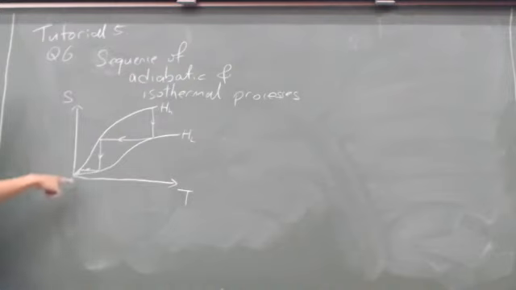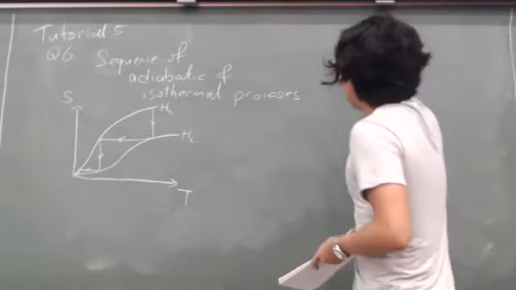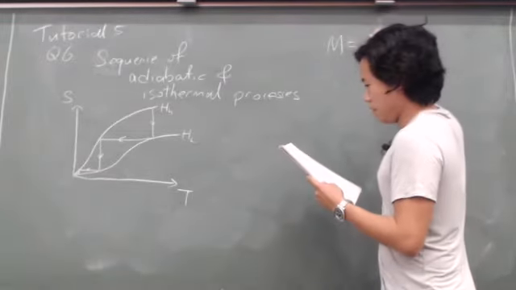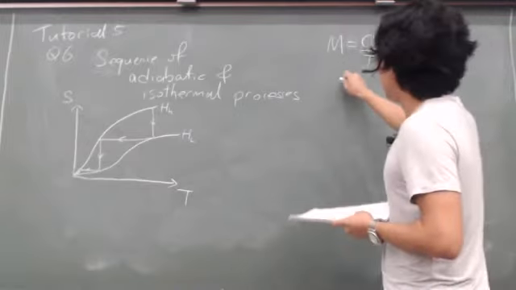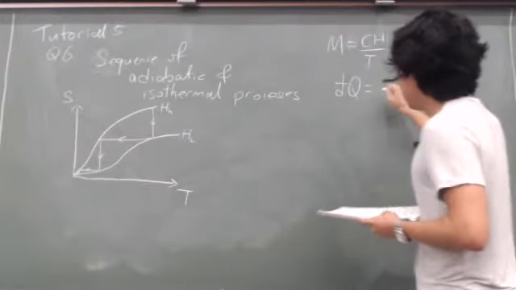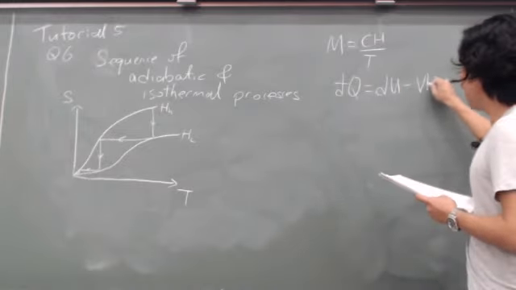And mathematically you can show that this process, although it looks like it's approaching lower T quite quickly, actually takes an infinite number of steps. So, you have your Curie's law, and you have your expression for dQ in the magnetic system, so dU minus VH dM.